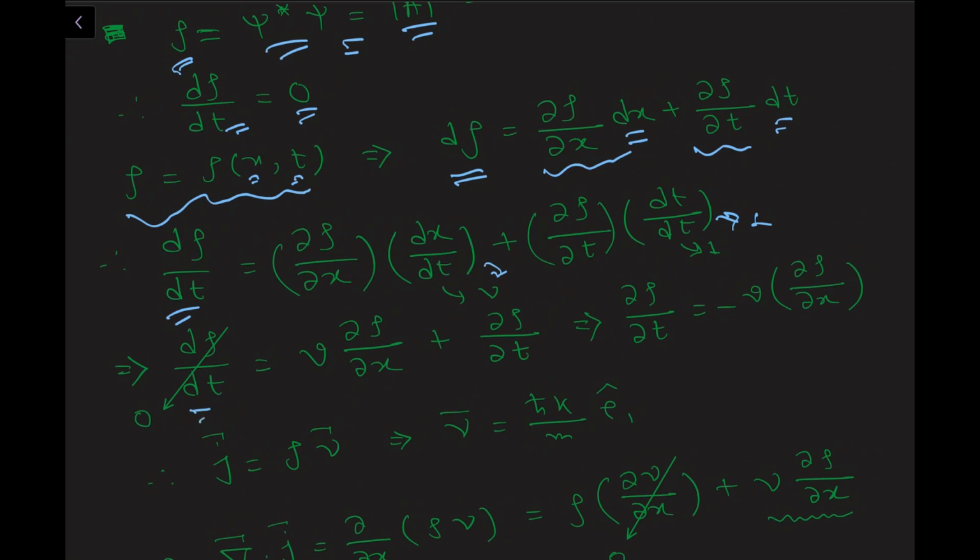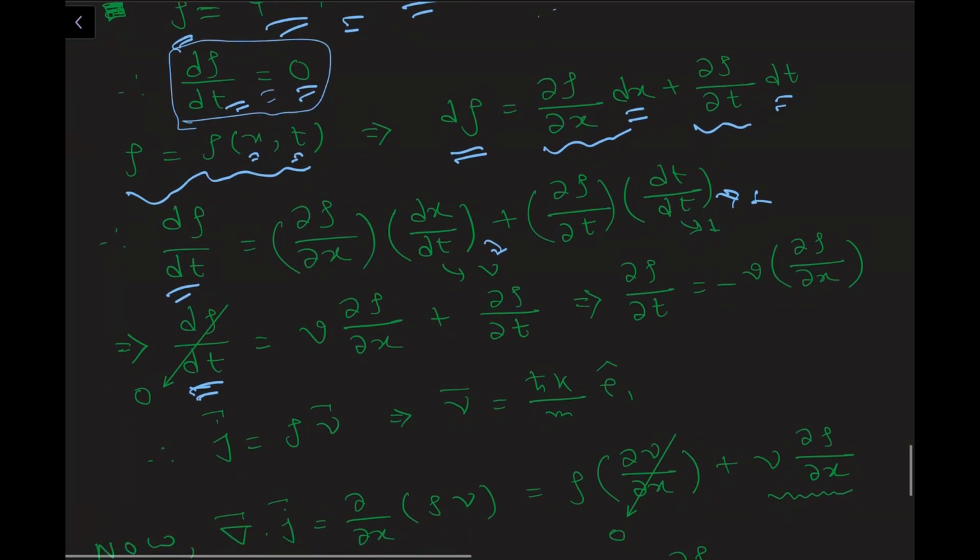We know our full derivative d rho dt is 0, which implies that del rho del t is minus v del rho del x.